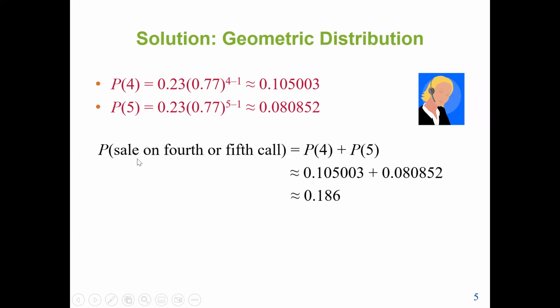So the probability of a sale on the fourth or fifth call will be probability of 4 plus probability of 5, which will give us 0.10503 plus 0.080852. And that gives us 0.186.